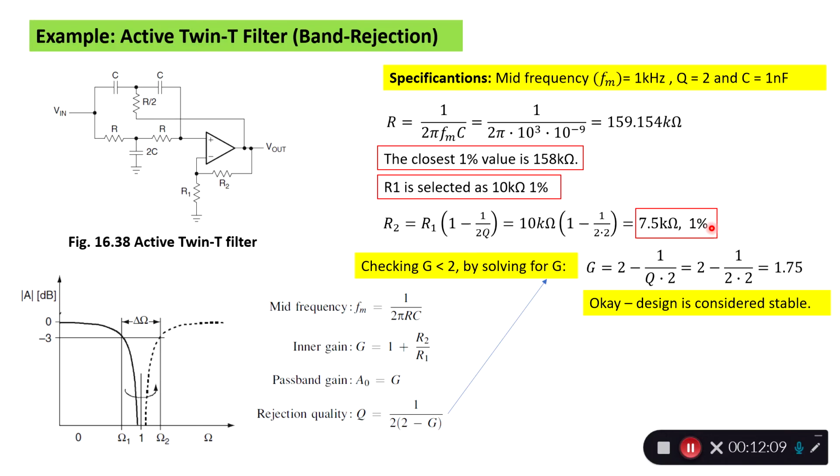So in principle we finished the design, but since we have the requirement that G has to be smaller than 2, we have to check that and solve for G, and then calculate the inner gain of the amplifier to see that it's not too high. And solving that, we find out that the inner gain is 1.75, and that's below 2, so the design must be okay, and we can consider it stable, at least calculation wise.